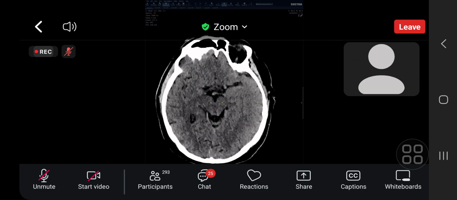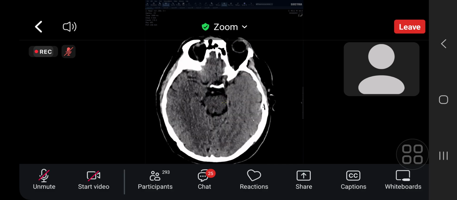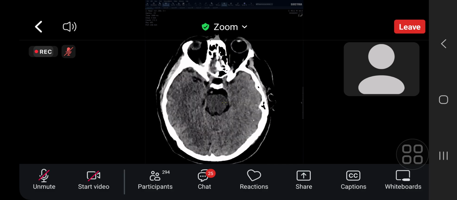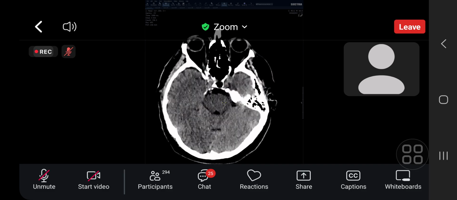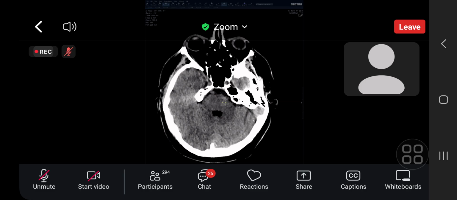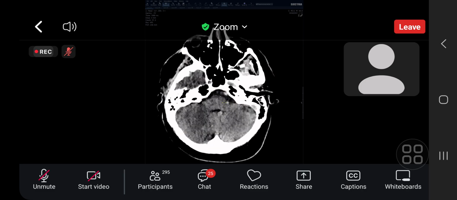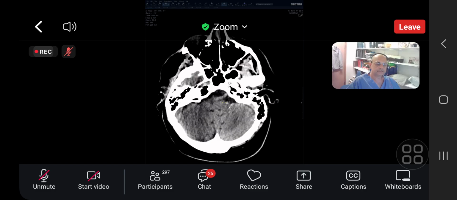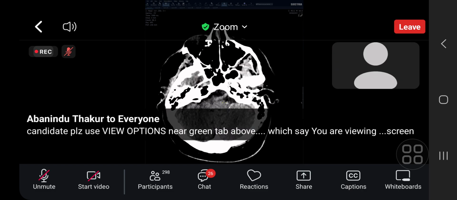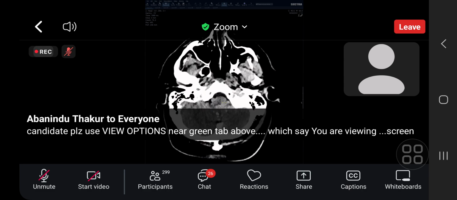Okay, sir. So I've been provided with axial sections of NCCT brain of this patient who has sustained trauma, and here I can see that the left vertebral artery looks a bit dense to me.